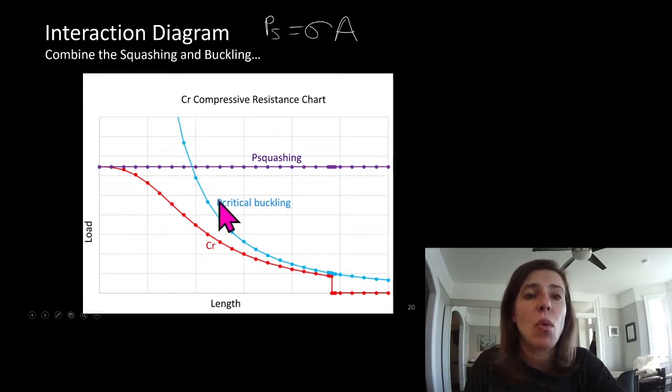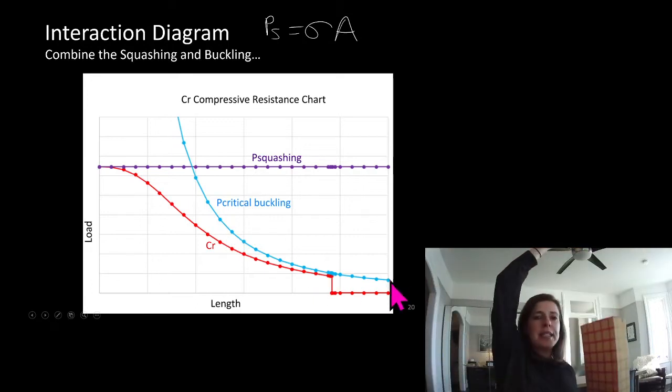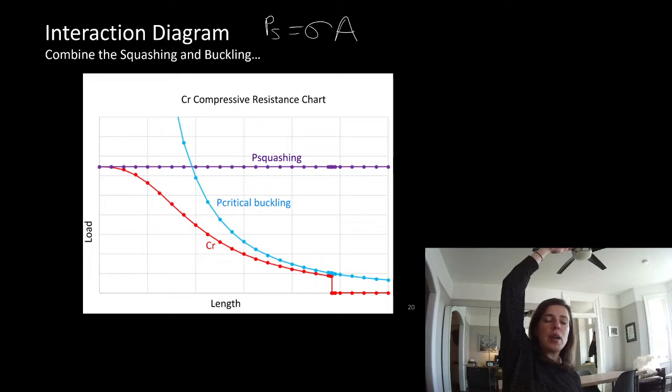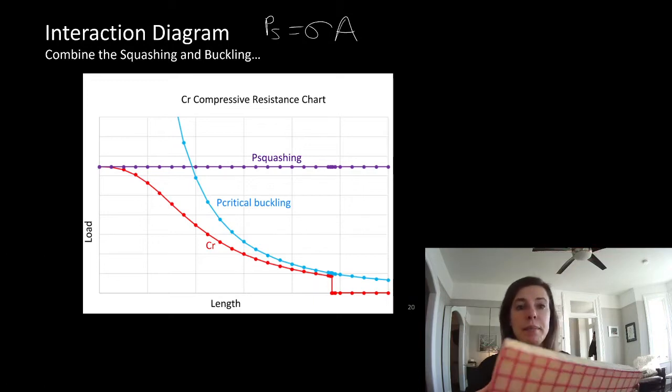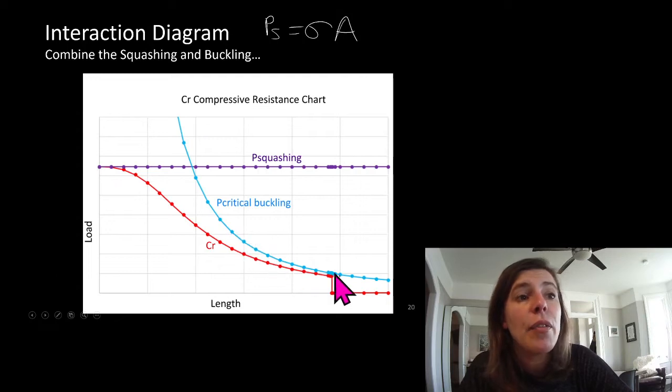P critical, or the load that your element would buckle at, as you can imagine, as this gets longer and longer and longer, it would take much less load to make it buckle. So this is a plot of the critical buckling load. And as the thing gets really tall, it buckles very easily, or at a very low load.